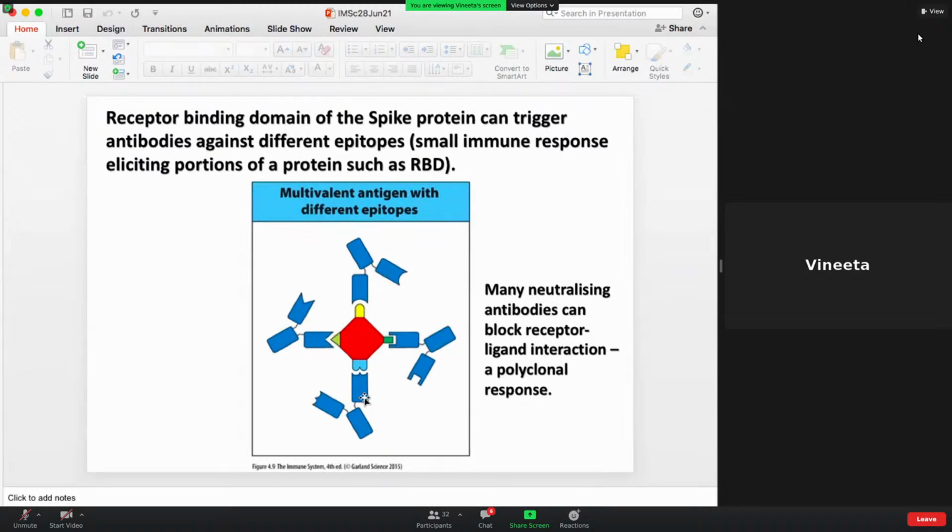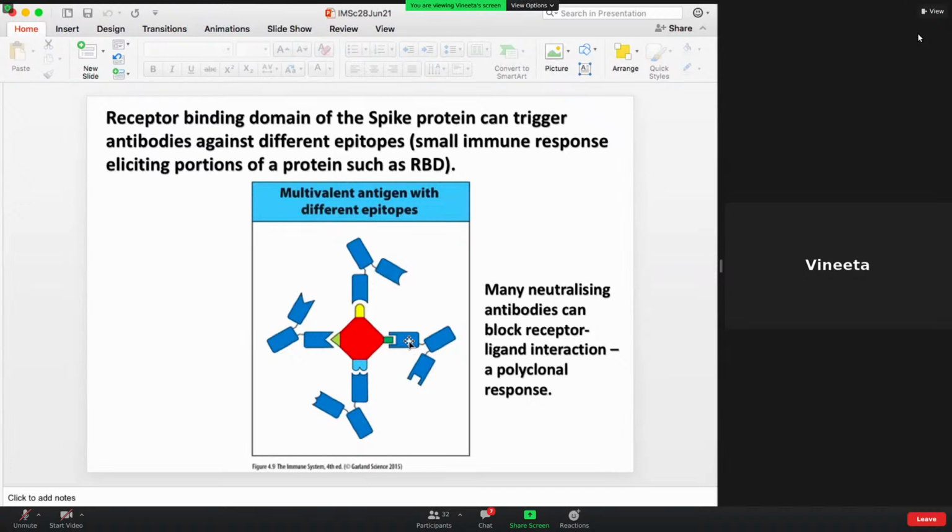This is a crude picture, but essentially any antigen can trigger many antibody responses, as has been shown in this. And the receptor binding domain of the spike protein of the SARS-CoV-2 virus is again an entity which will have multiple epitopes, and it will trigger many neutralizing antibodies.